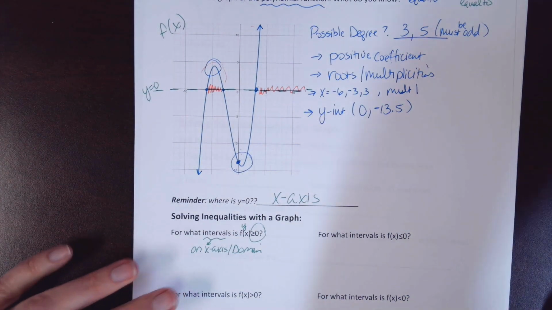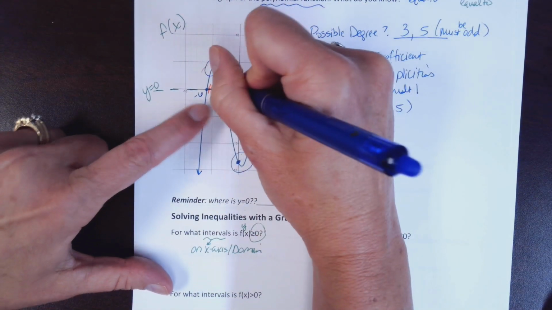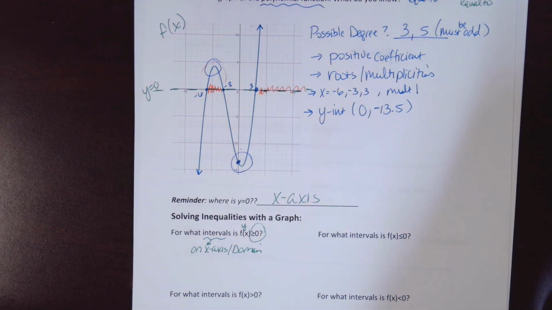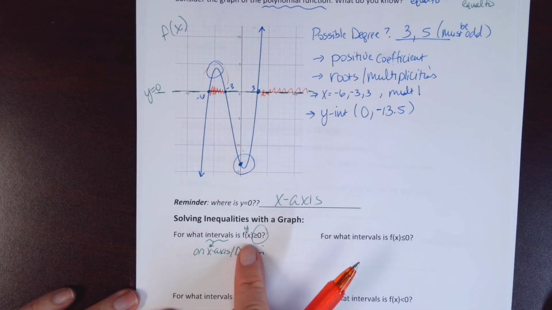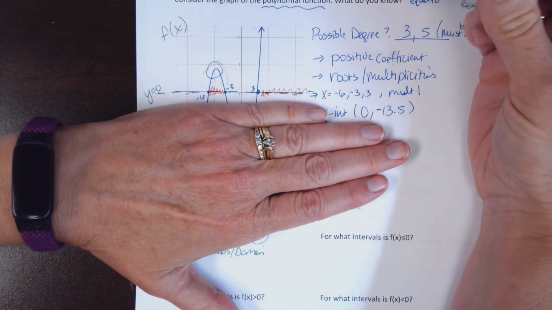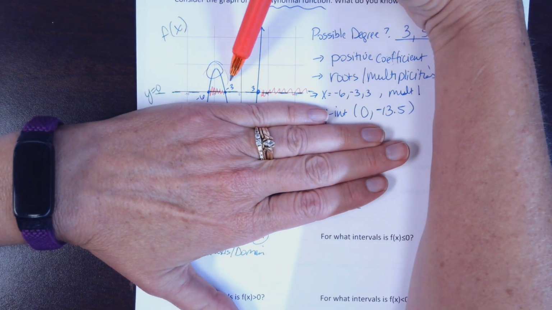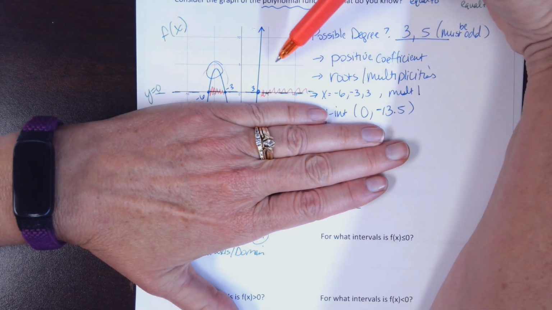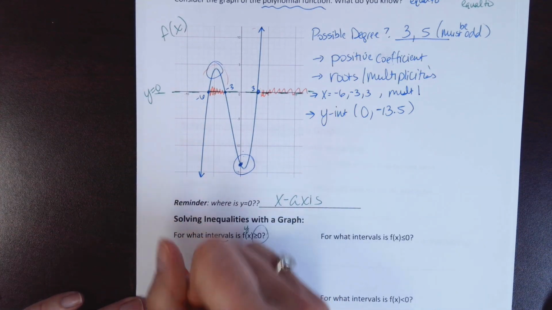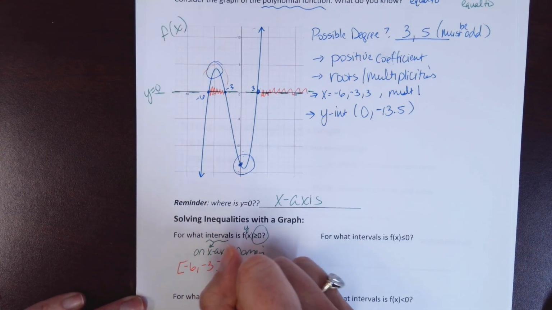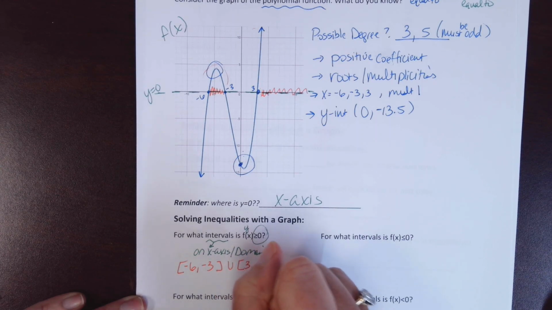Now let's think about this. We identified this as -6, -3, and +3. So my function value, my y value, is greater than or equal to 0 for the intervals on the domain from -6 to -3 inclusive, and from +3 forever, because it's just going to keep going up. So from -6 to -3 inclusive, or +3 to positive infinity.